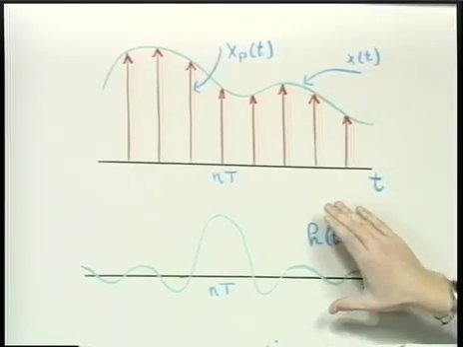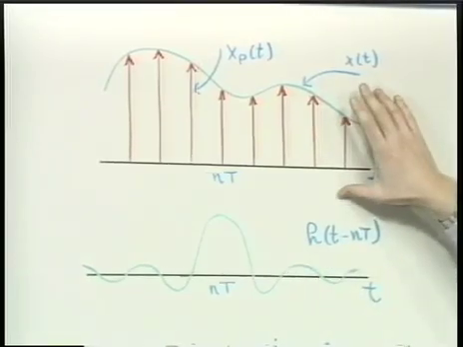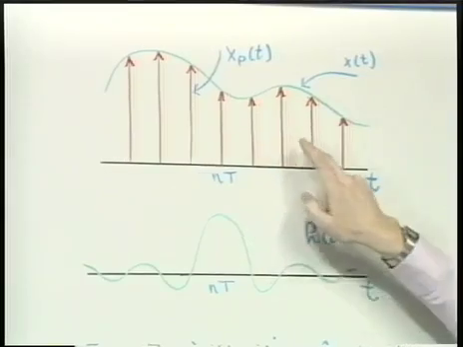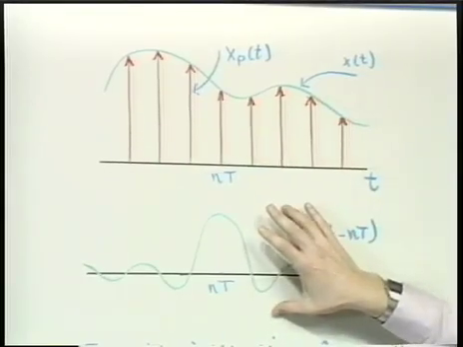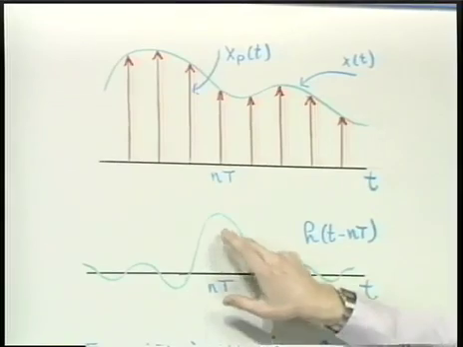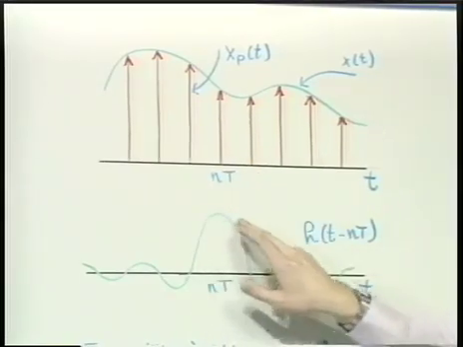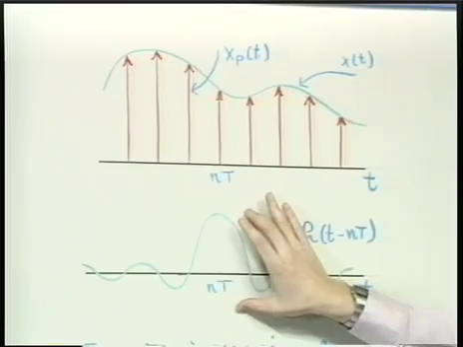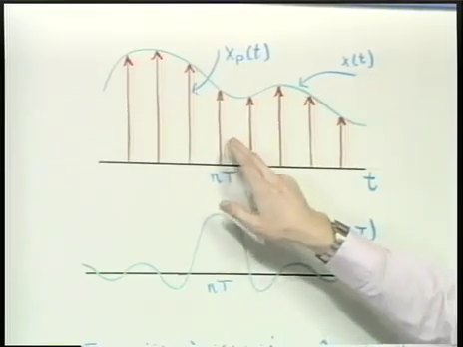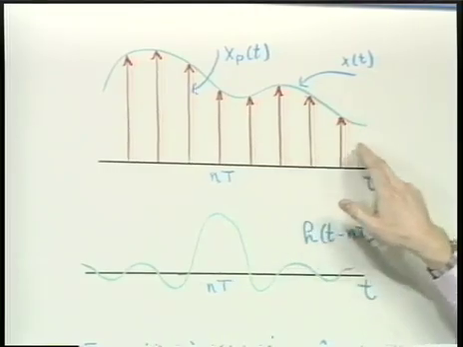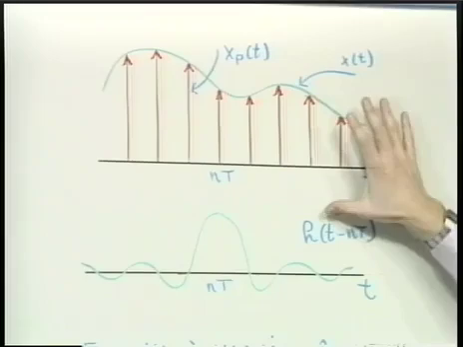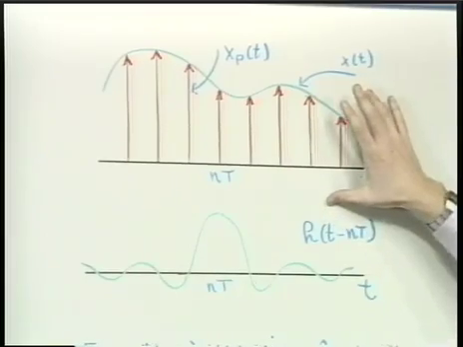Now, what happens in the reconstruction is that the convolution of these impulses with this impulse response means that in the reconstruction we superimpose one of these impulse responses, whatever the filter impulse response happens to be, at each of these time instants. And in doing that, those are added up, and that gives us the total reconstructed signal.